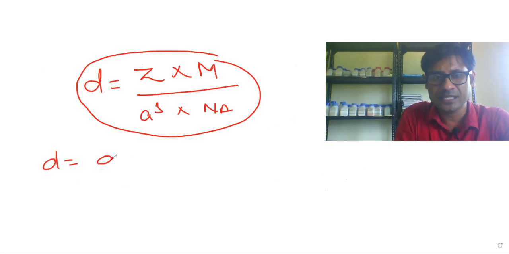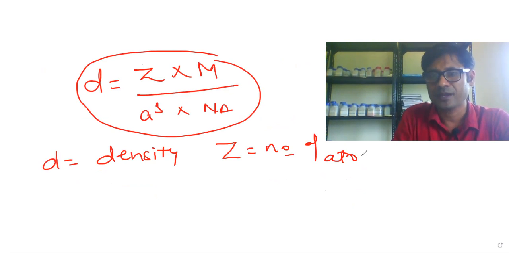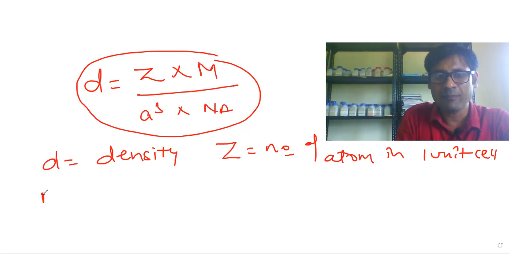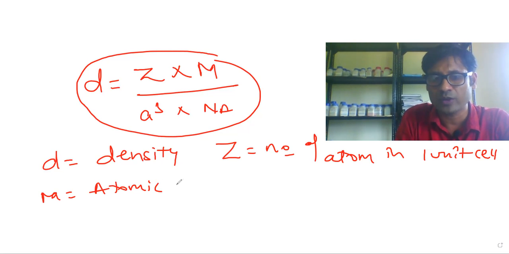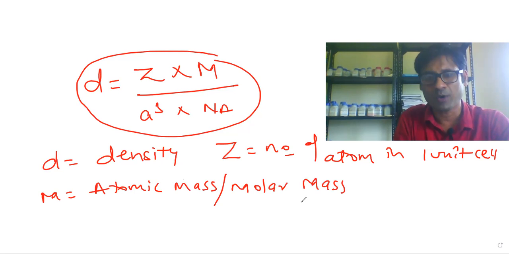Here D is equal to density and Z is equal to number of atoms in 1 unit cell. And M is atomic mass in case of atom, and molar mass in case of molecule.